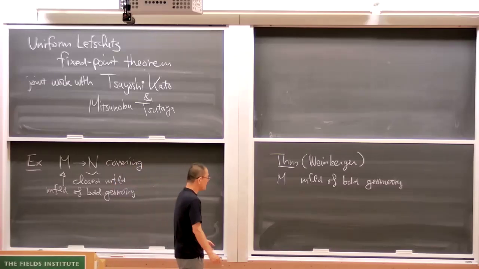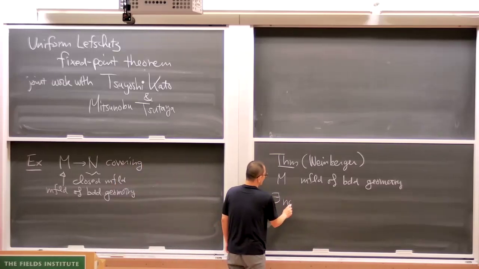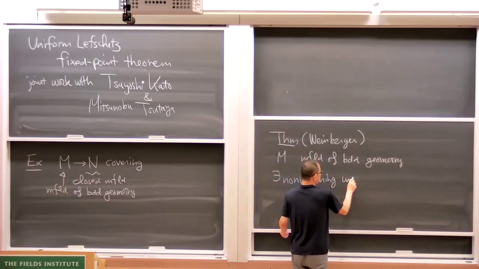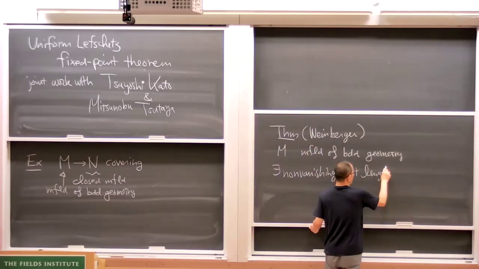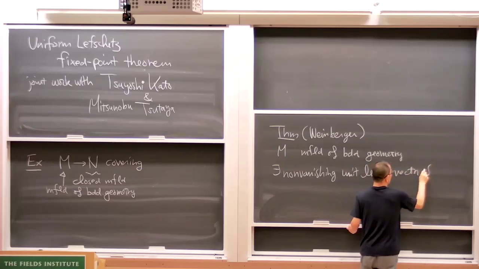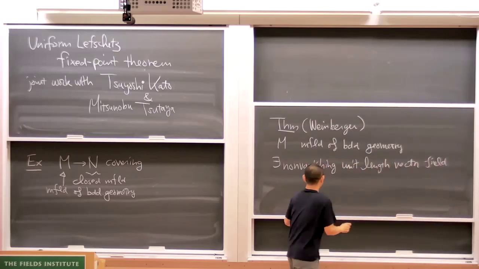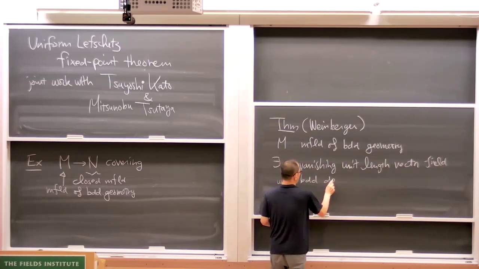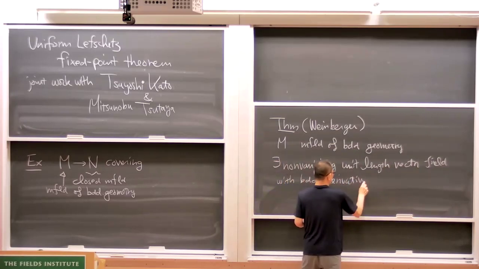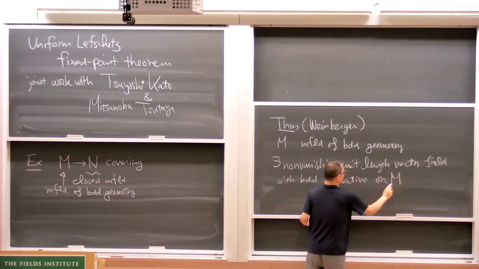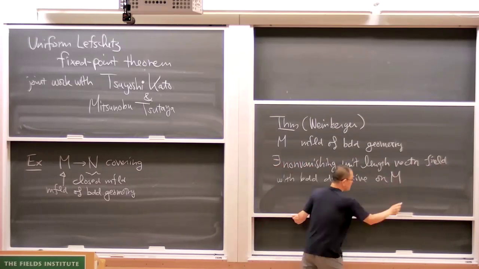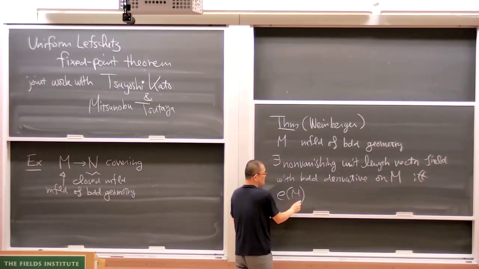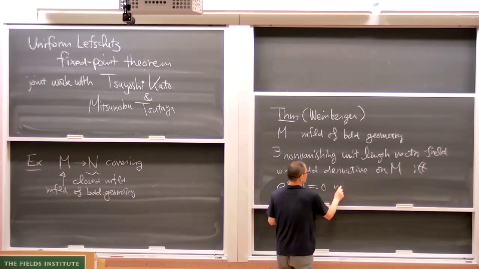And he proved that there is a non-vanishing unit length vector field with bounded derivative on M if and only if the Euler class of M vanishes in bounded cohomology.